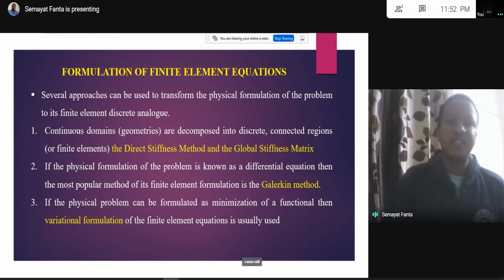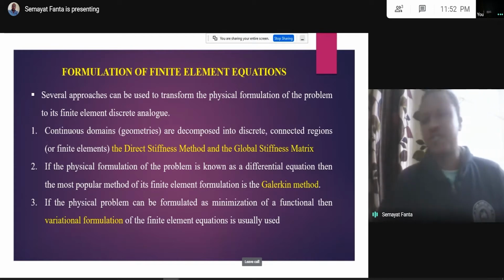So here, the three important methods of formulation of finite element equations are the direct stiffness method, the Galerkin method, and the variational formulation method.